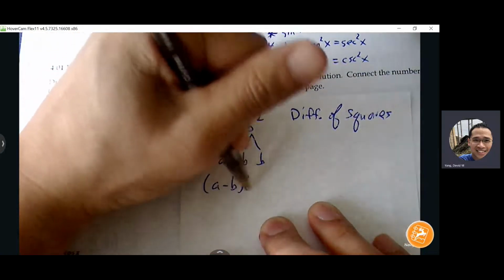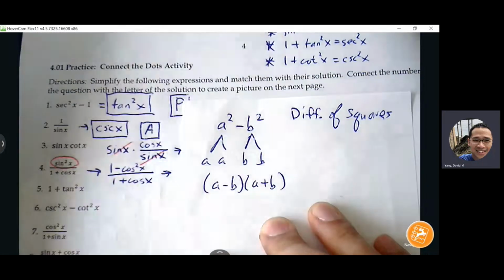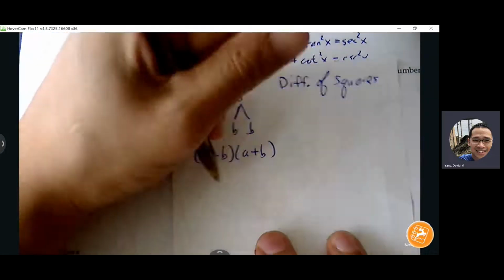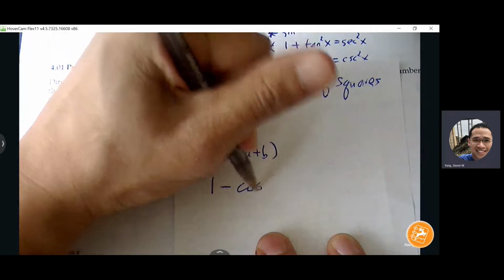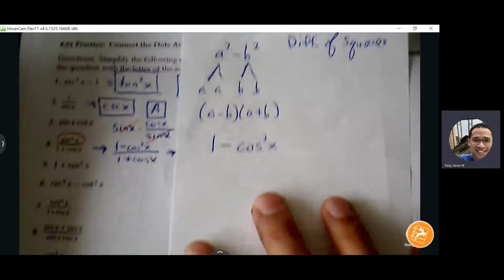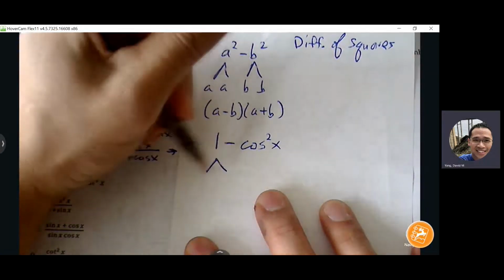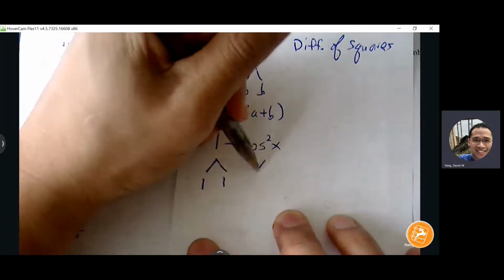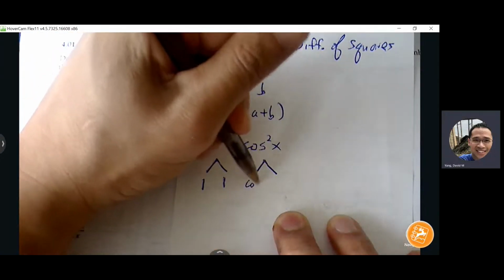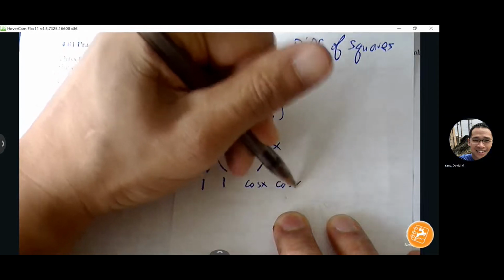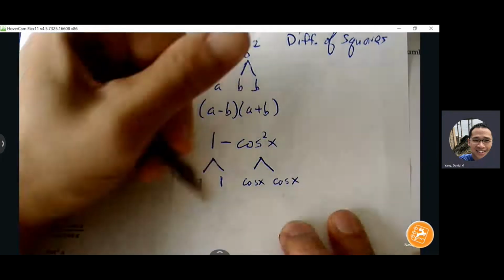And then a minus b times a plus b. The order of the sign is not going to matter, right? So if I have 1 minus cosine squared x, I can apply it in the same way because 1 is a perfect square. Cosine squared x is also a perfect square. It can be broken down into cosine x and cosine x. So what would that look like, difference of squares?